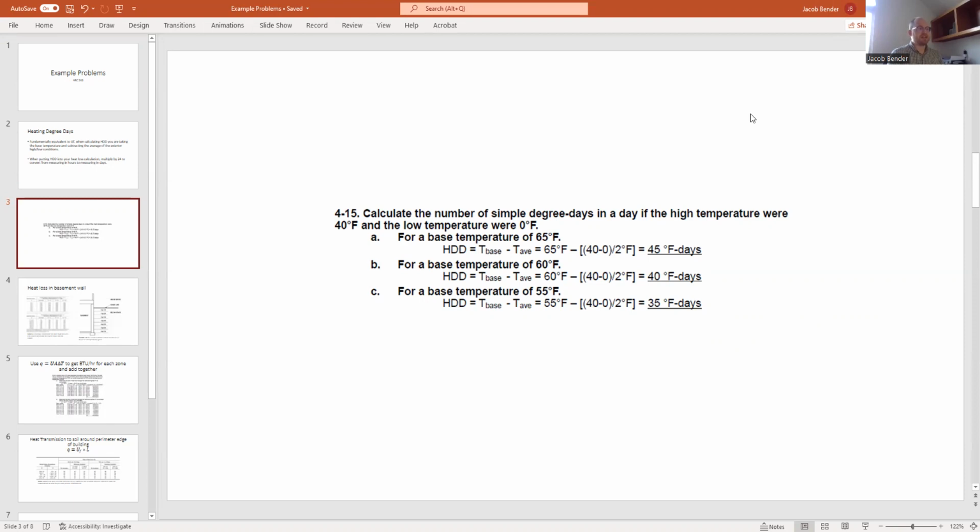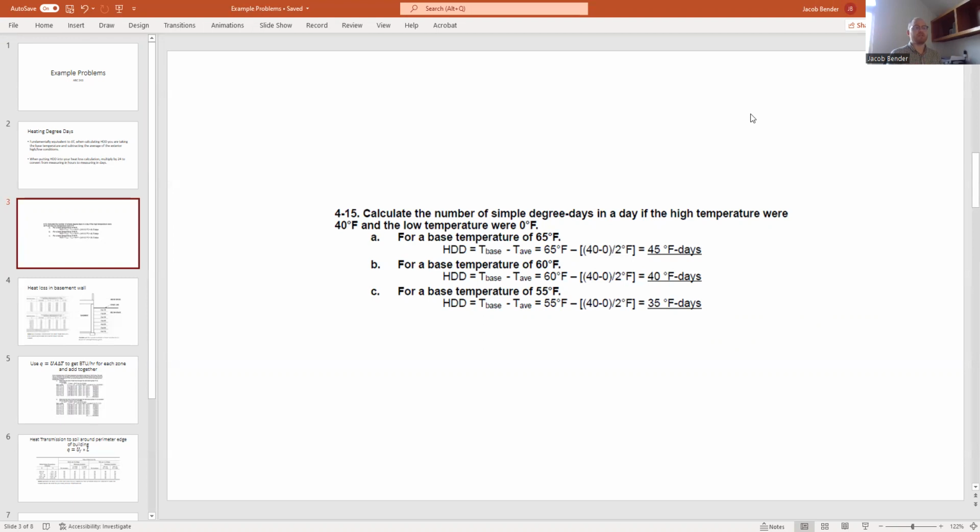In each of these cases, with a high of 40 and low of 0, your average temperature is going to be 20 degrees. So with a base temperature of 65 degrees, if you subtract 20 from it, you get 45 degree days. Base temperature of 60 minus 20 degrees, you get 40 degree days. And base temperature of 55, subtracting 20, is going to be 35 degree days.